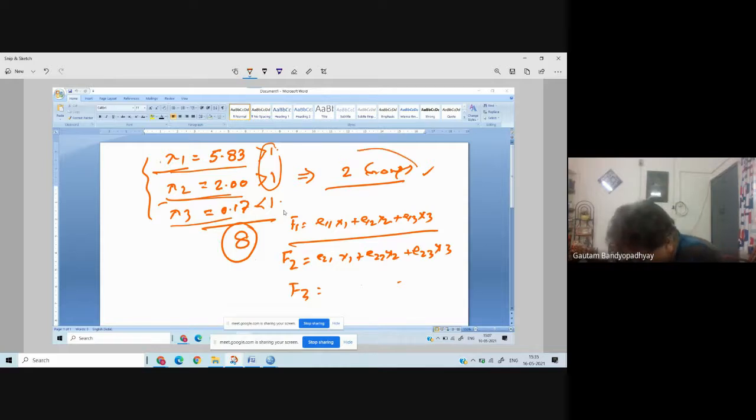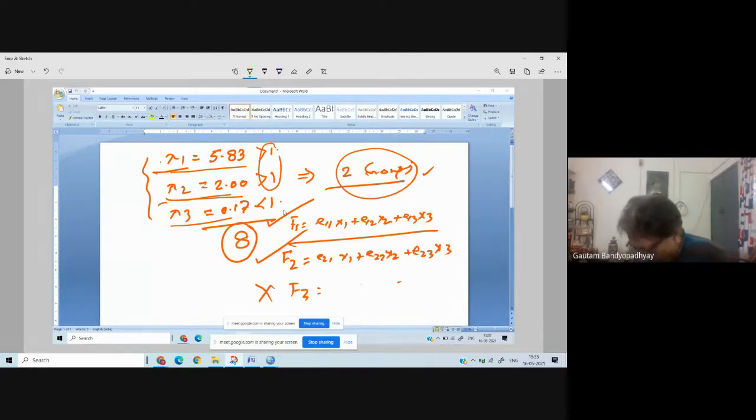Since there are 2 groups, we consider only F1 and F2; no need to consider F3. That is called dimension reduction. Initially we start with 3 variables, but they are decomposed into 2 groups.